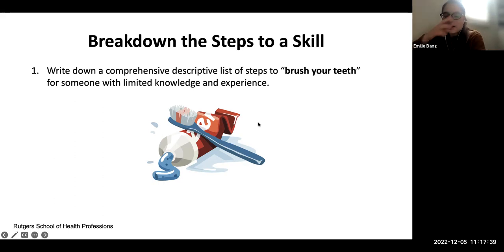Other people highlighted having to open the toothbrush, having to open the toothpaste. Other people did not. So there's a lot of variation in the steps, which is exactly what I want to talk about because people are going to be at different stages when they're performing this skill.